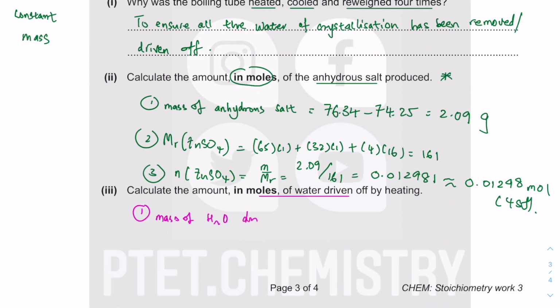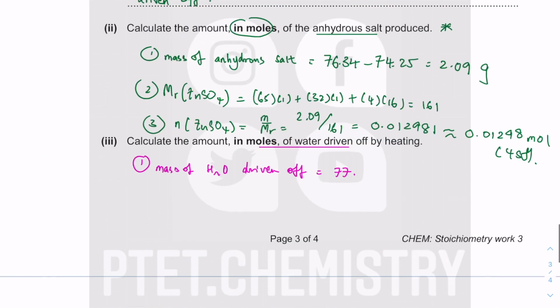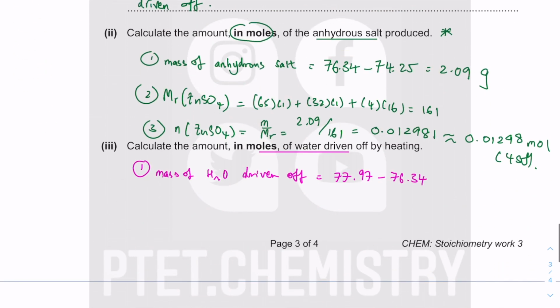H2O driven off. A lot of the times, a lot of students just like to write 77.97. A lot of the times, students just like to show the working, and in all honesty, you might understand your own working, but put yourself in the shoes of the examiner, someone else might not understand what you are doing unless you label it properly and let them see what is going on.